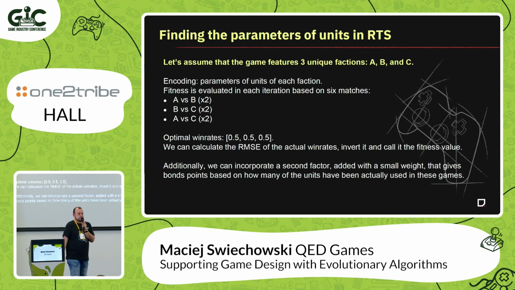With the same idea, for example, we can find the parameters of units in a real-time strategy game, so the game is fair, so the game is balanced. Here the encoding would be any number of parameters of units of each faction. We can store, as one vector, each unit's HP points or abilities.